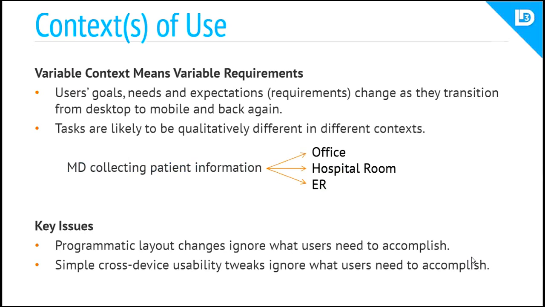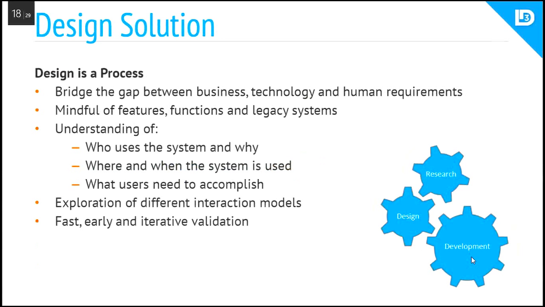It ignores my needs in that situation. Again, keep in mind, I'm not suggesting that what we need are multiple applications designed specifically for devices. What I'm saying is that you need a sufficient body of user research in each of those situations to provide the requirements that responsive design technology can implement.